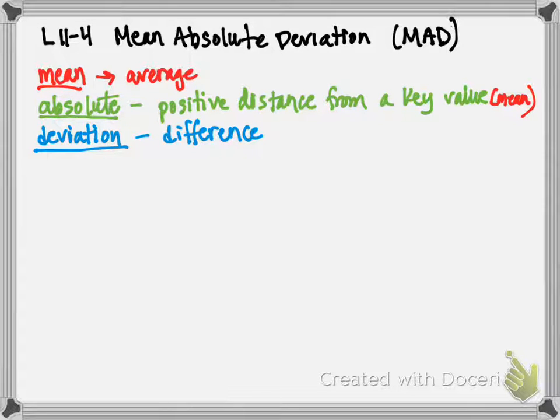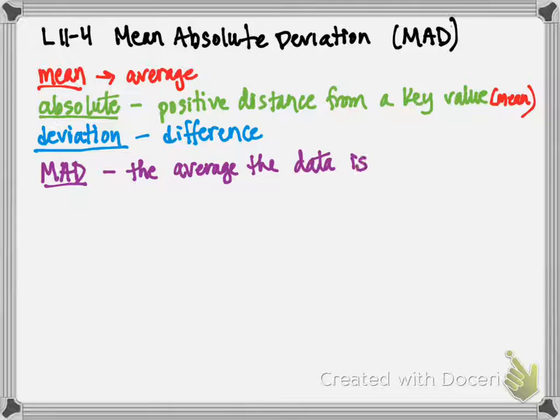Okay. So when we put them all together and talk about MAD, now it's the average distance the data is from the mean of the data.